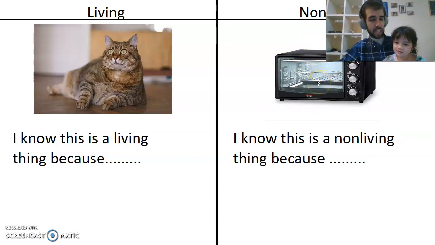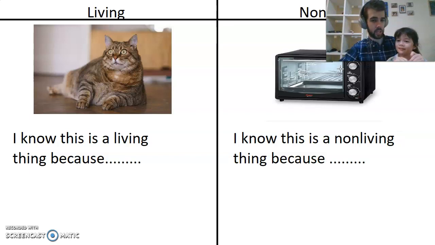We know that, even though it does some things that living things do. The oven cannot have babies, it cannot reproduce, it cannot grow, it doesn't eat, it does use electricity. Yeah, but the door handle moves by us holding the handle and then we open it. You're right, it doesn't move on its own.